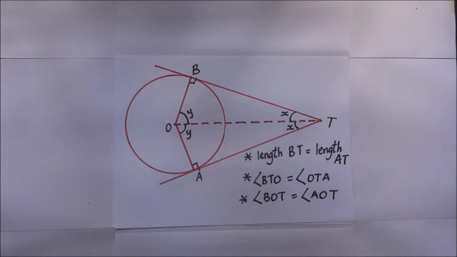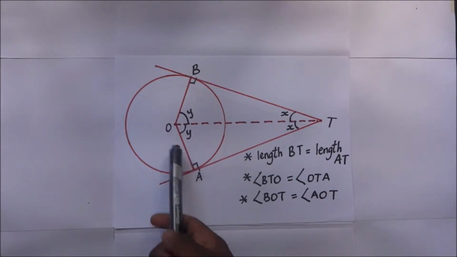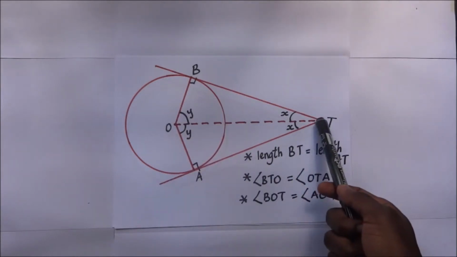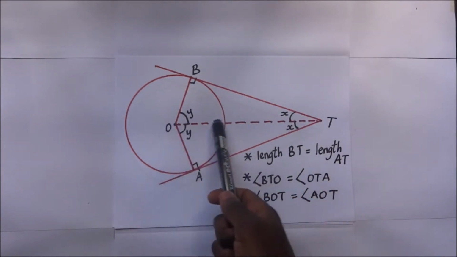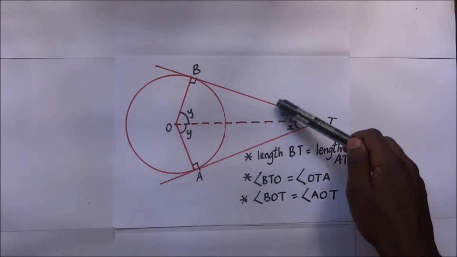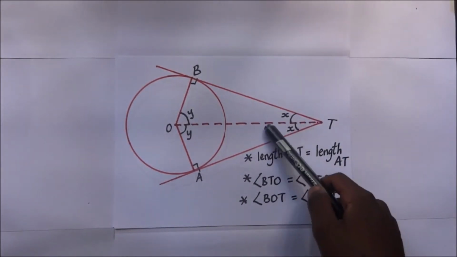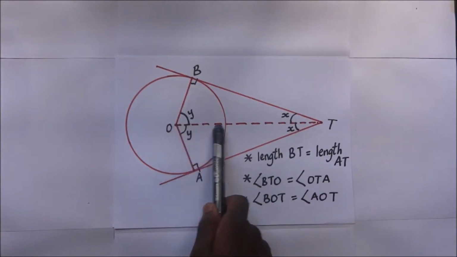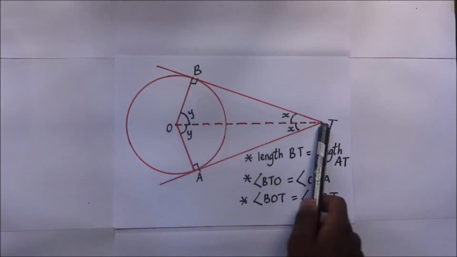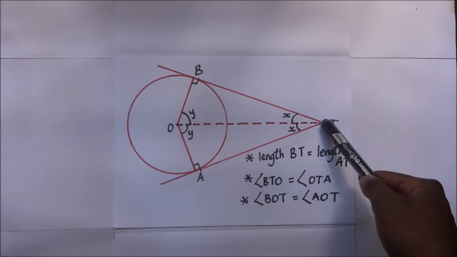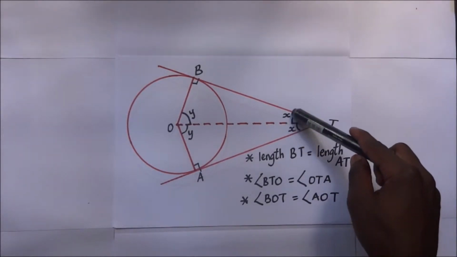The line that joins the center of the circle to the common point where these tangents meet outside the circle bisects this angle. And by bisecting, I mean that it divides this angle into two. So this line, connecting the circle center to the point where these two tangents meet outside the circle, divides this angle into two.